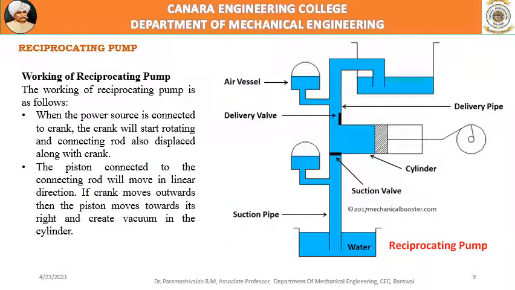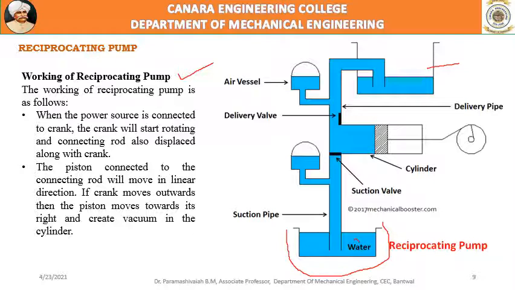Now, to know the working principle of a reciprocating pump, consider this image. See here, whatever is there in the blue color is the liquid. Now, consider it as water. So, this is the sump in which the water is stored, and this is to be pumped to, say, this height. This is the storage tank, overhead tank. Further, the arrangement is like this.